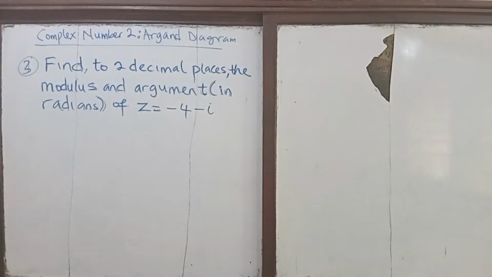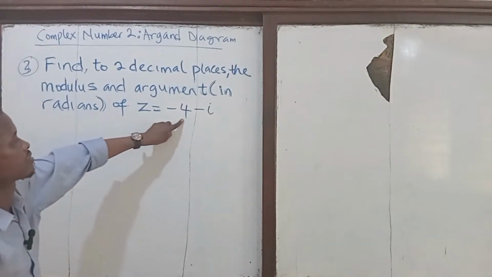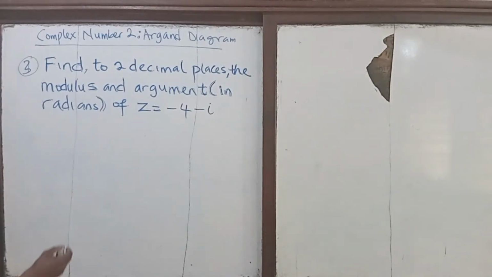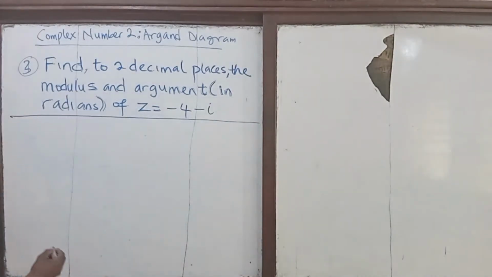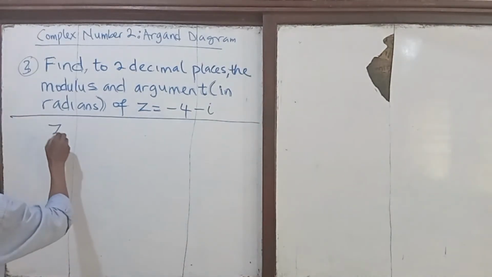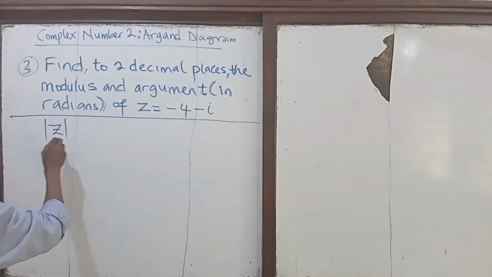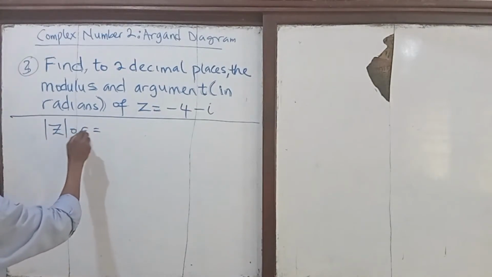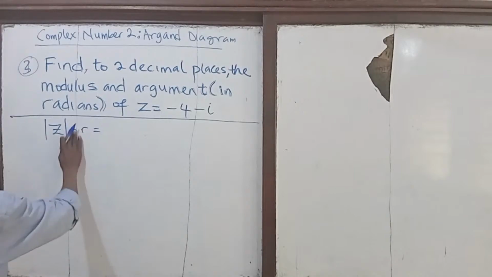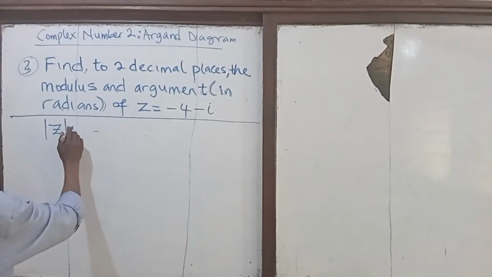The question we have here: find, to two decimal places, the modulus and the argument of z equal to -4 minus i. To find the modulus, you can use this notation or you can use r, the choice is yours.